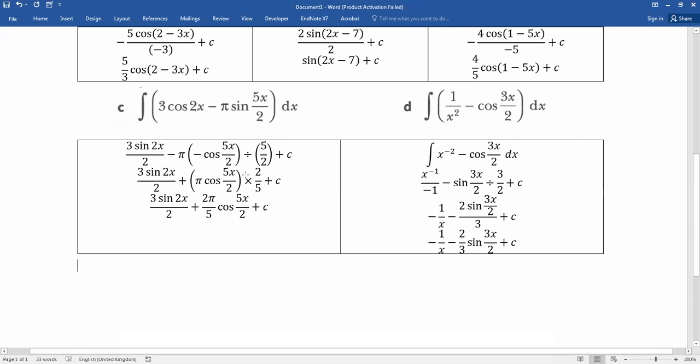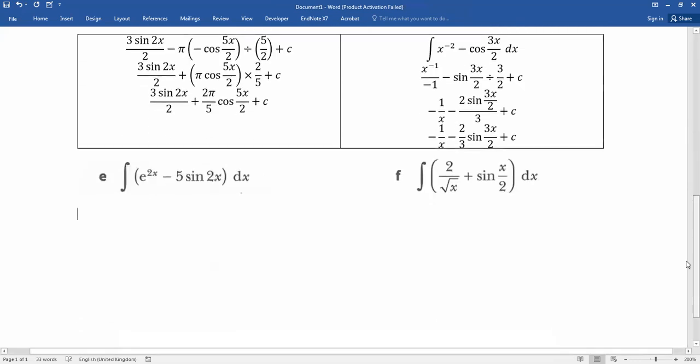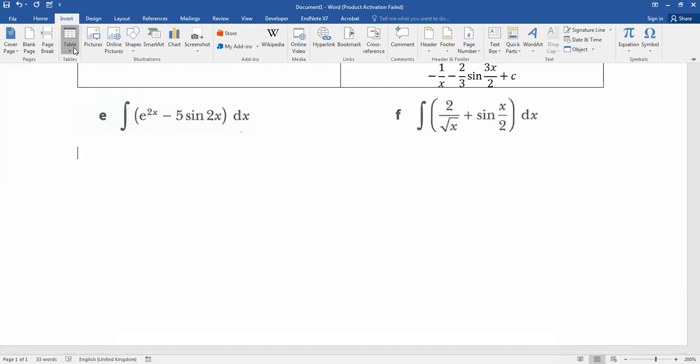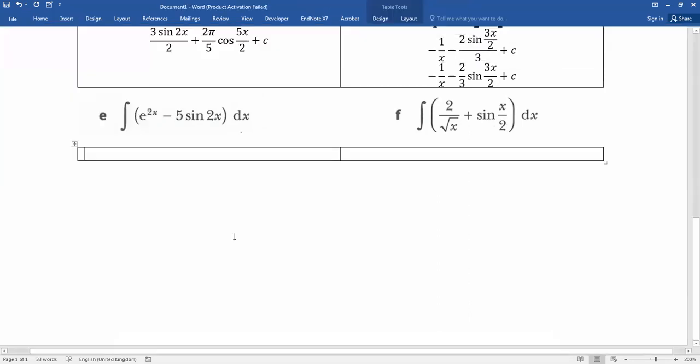Another important detail that I want to let you know is, once you are integrating and any trigonometric functions are involved, please be sure that you're using radians in your calculator. It's again a very common error. Students do not tend to use radians and they end up getting the wrong answer. Now, how will we integrate this? Give it a try.